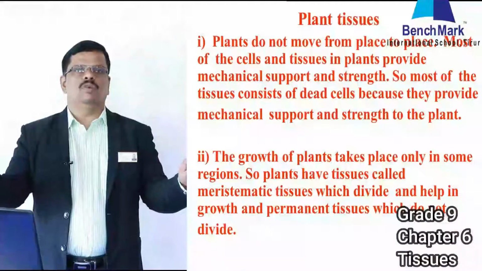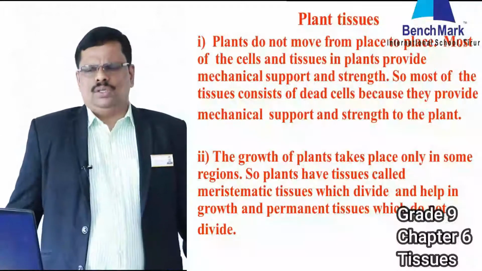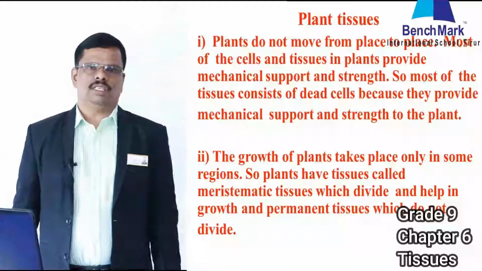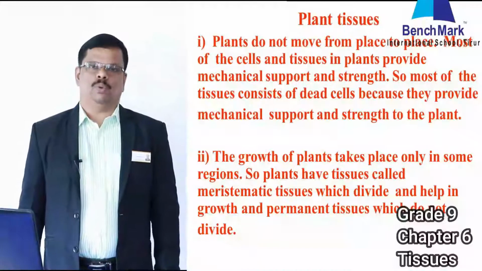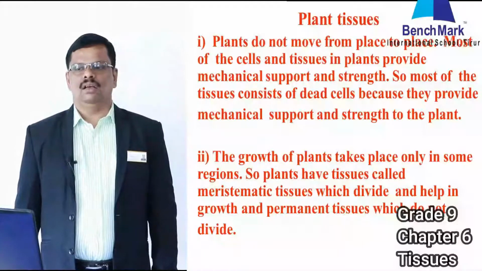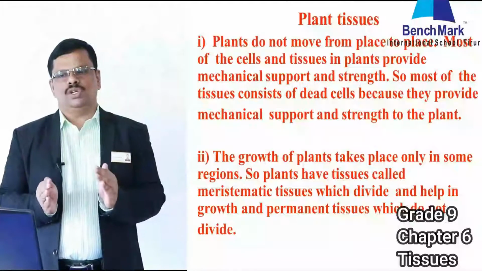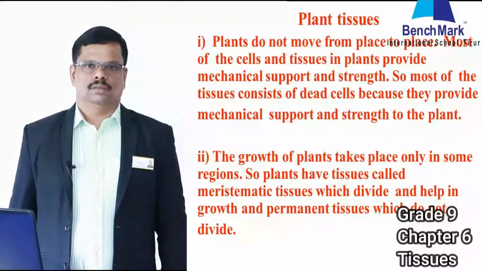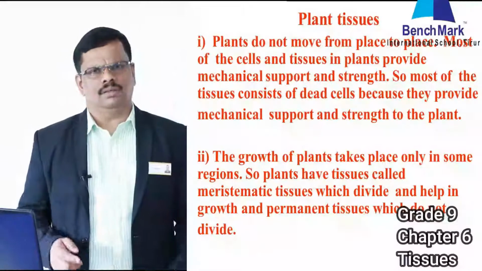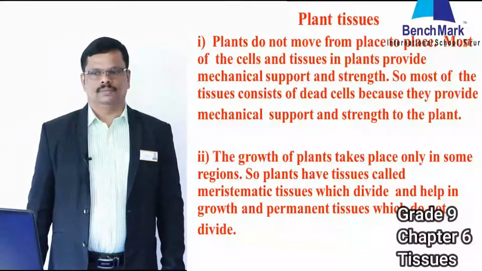Plants do not move from one place to another. So what they do? They generally stand erect, so it means they need support, mechanical support. So, most of the tissues in plants are dead cells. What is the ultimate reason? It is because they need support.